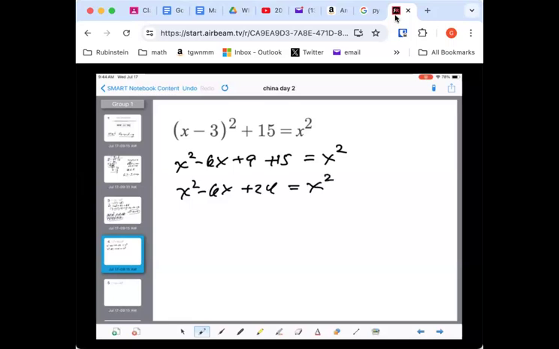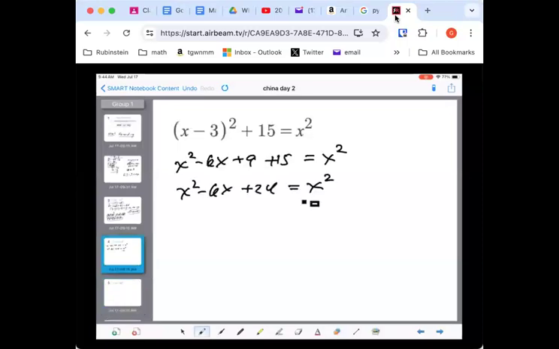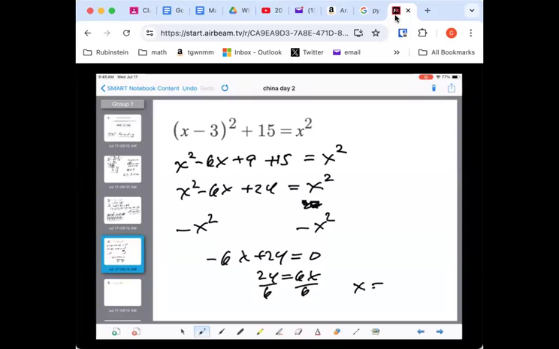And usually when there's exponents, we have to do some sort of quadratic formula or something, but not in this case, because if you subtract x squared from both sides, you get minus 6x plus 24 equals 0. And then you isolate the x by adding 6x to both sides, and finally dividing both sides by 6. And that's why you get x equals 4.